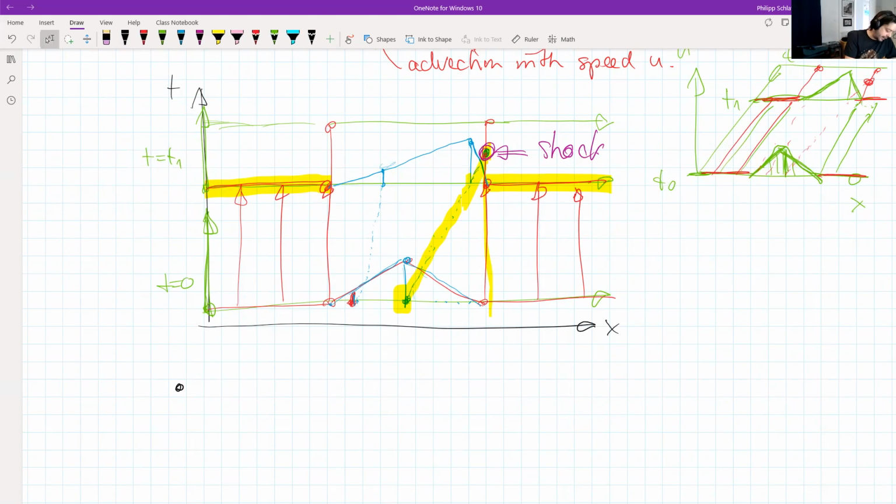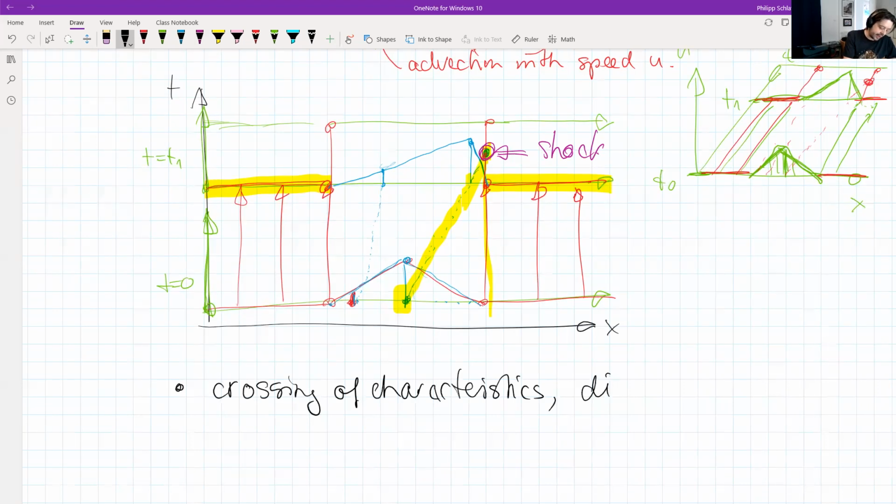In the beginning there is not a big problem, but at some point we have a crossing of characteristics. And that means that I may have discontinuities, or discontinuities may develop in the domain, and this then causes a shock.